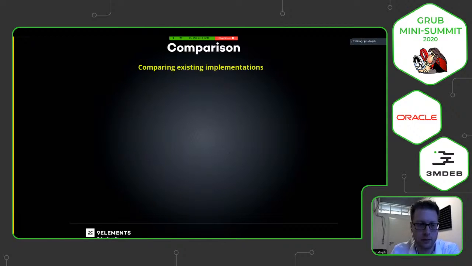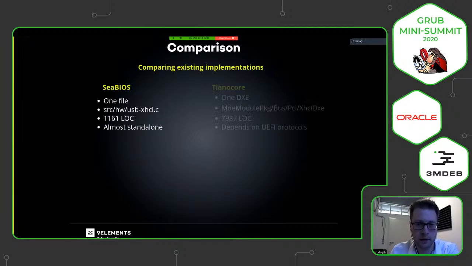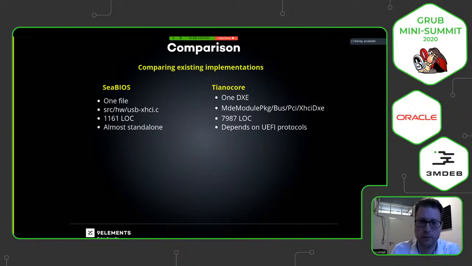Okay, so first of all, we compared existing solutions. As already mentioned, there's SeaBIOS. It only has one file. It's a very small code base, almost standalone. We have EDK2, which has one so-called driver, Xhci DXE.